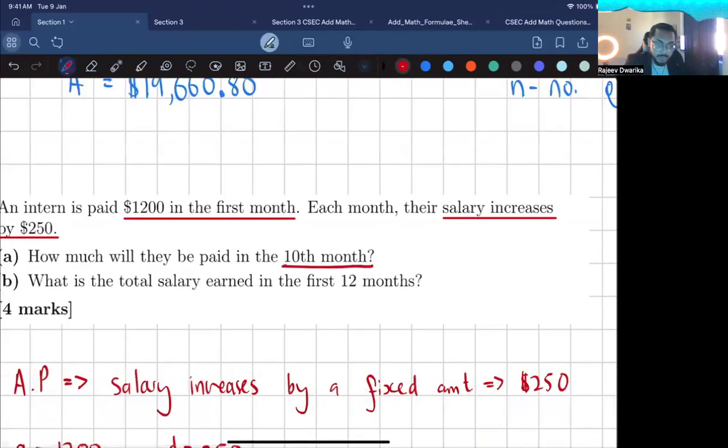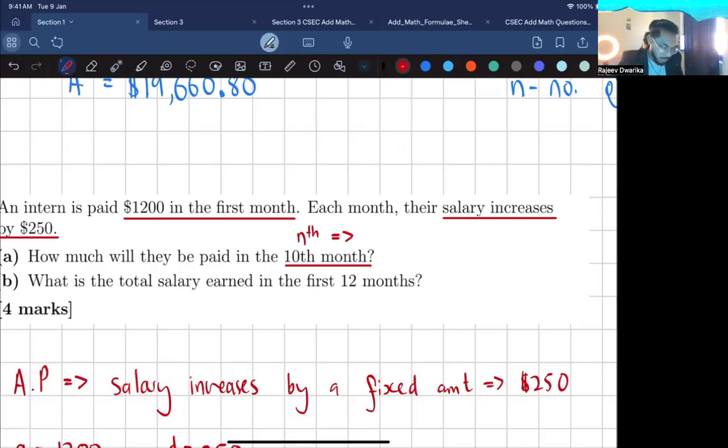So Javon, in case you're confused about when to use the formulas, look at this. It's nth term, and that has a formula for the nth term. So anytime you see nth, you use the formula for the nth term. How did you learn it in school, T of n or A of n?